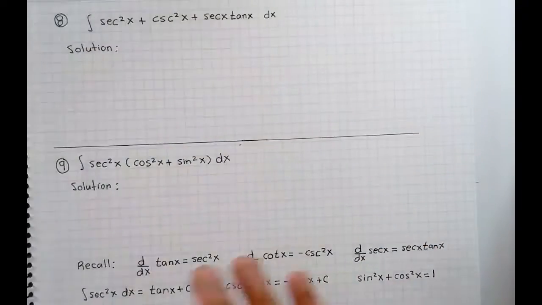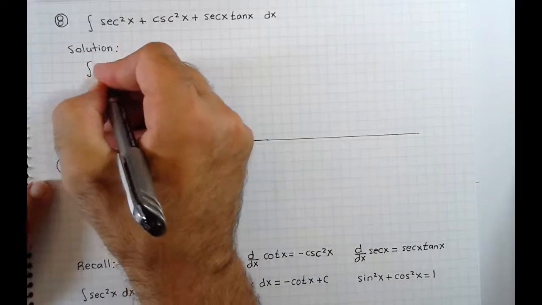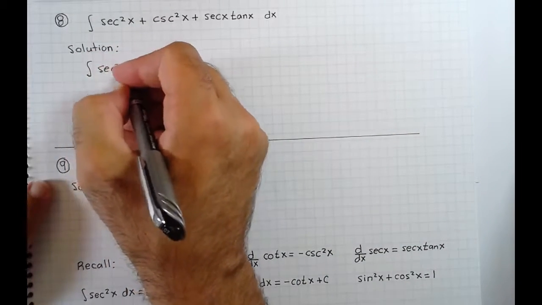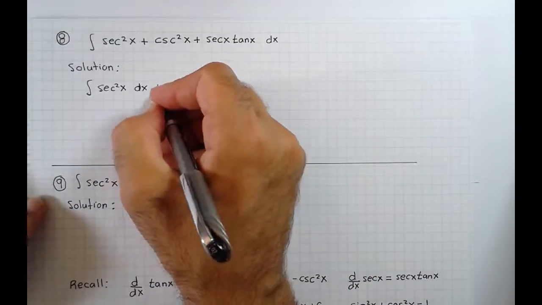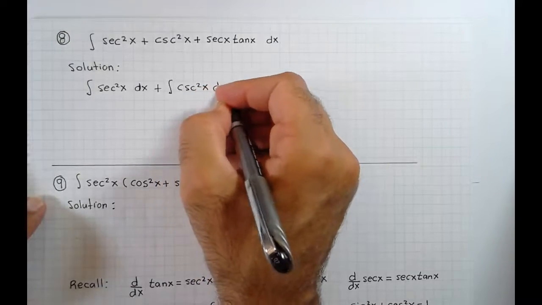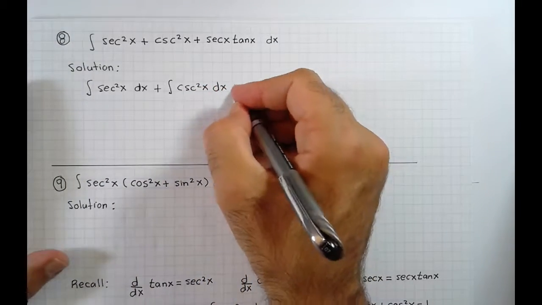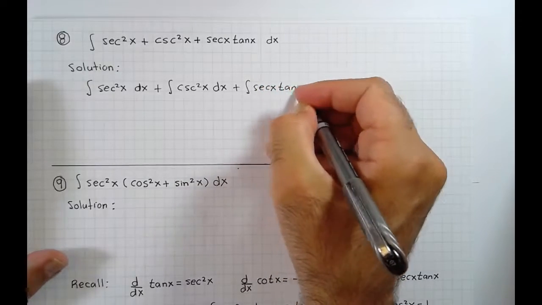Alright, let's look at question number 8. So we split this up. Integral secant squared x dx plus integral cosecant squared x dx plus integral secant x tan x dx.